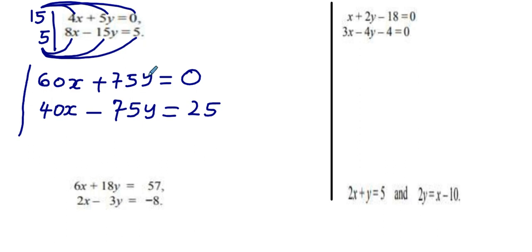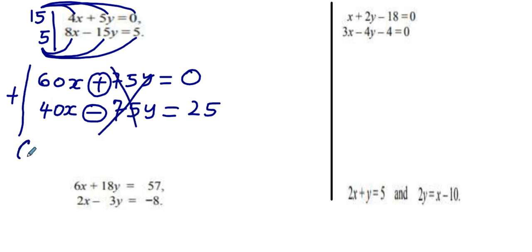Now, we want to remove y. The numbers on y are already the same, 75, 75. But how about the signs? Signs are different. Now, we said that for different signs, we add. Okay. 75 plus negative 75. This you can check, but it will be 0.